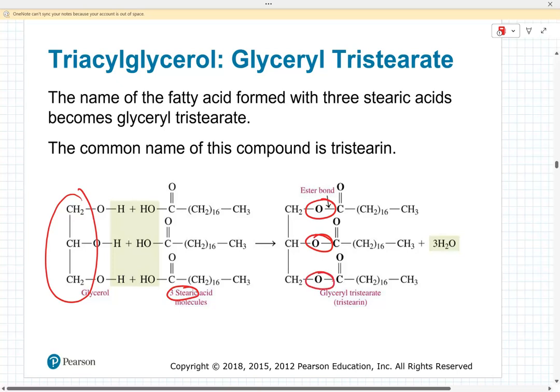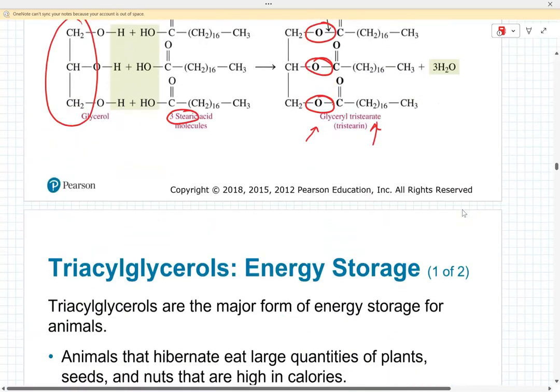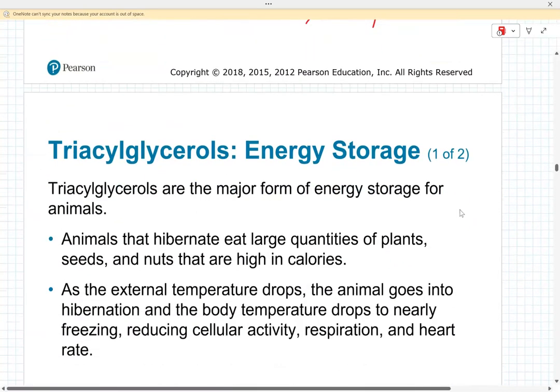And just like we did before, we name it using the alcohol part first, glycerol in this case, and the acid part second, tristearate. Sometimes it can be a combination, but it's not that common. So these triacylglycerols are used to store energy.